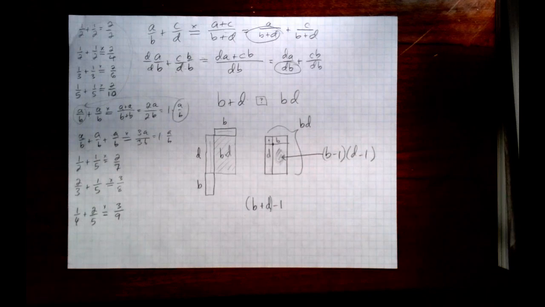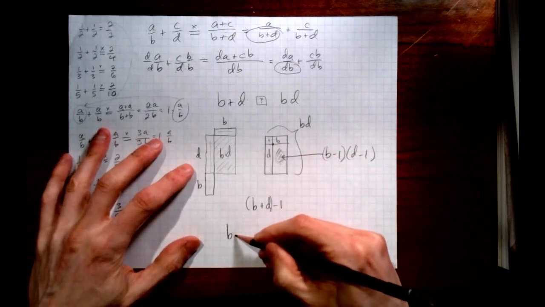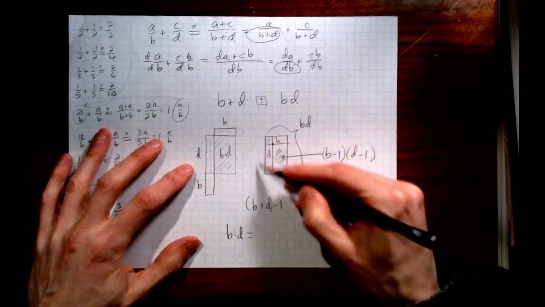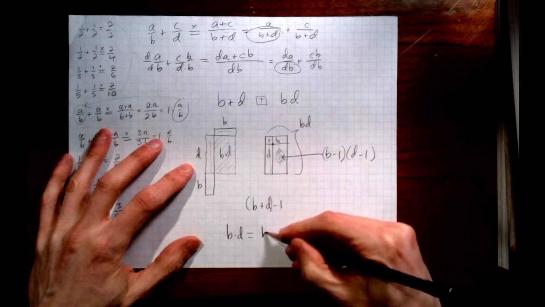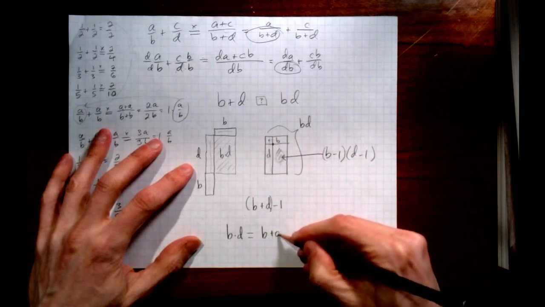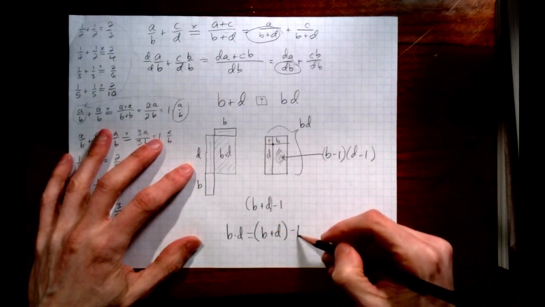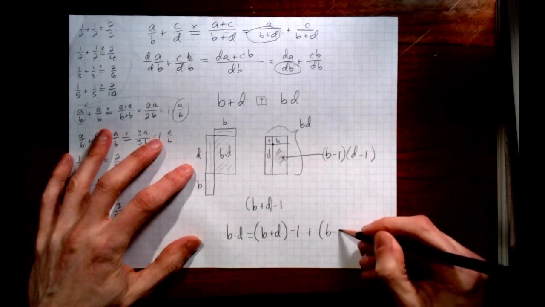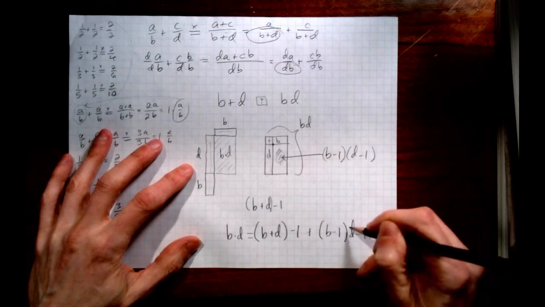So it looks like we can say b times d equals, so that's this whole thing, and then I'm going to re-express what's inside, b plus d minus 1, plus this stuff, plus b minus 1 times d minus 1.